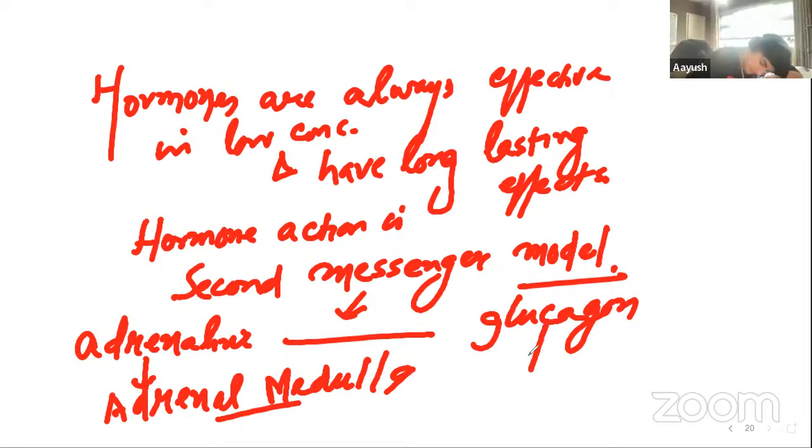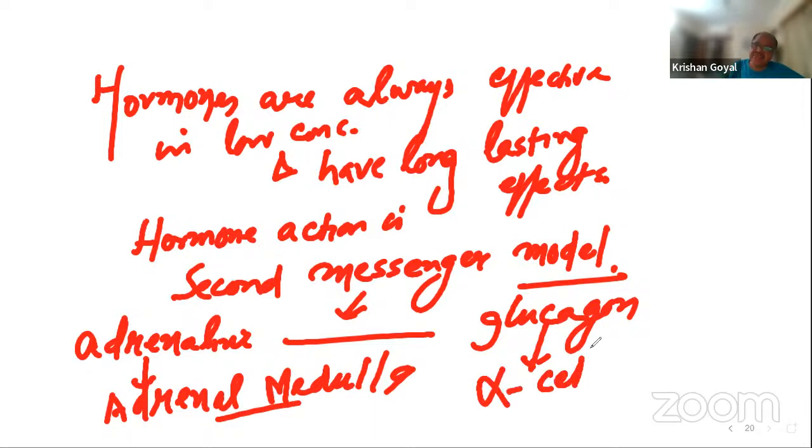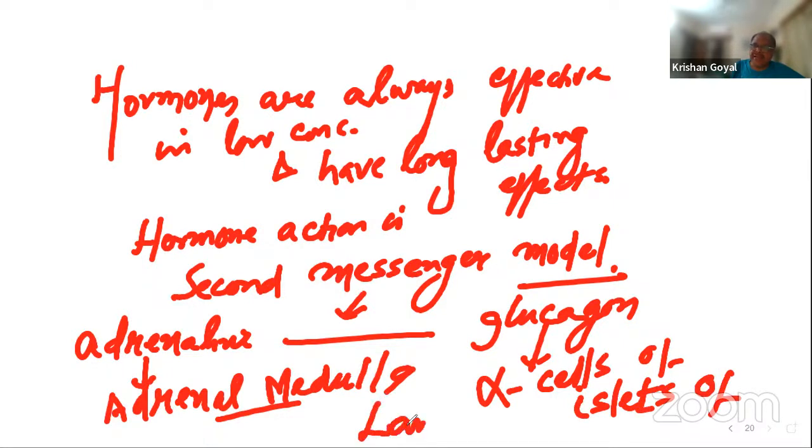This glucagon is secreted by the alpha cells of islets of Langerhans.